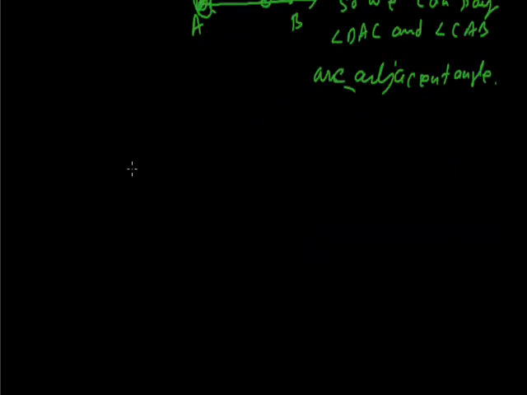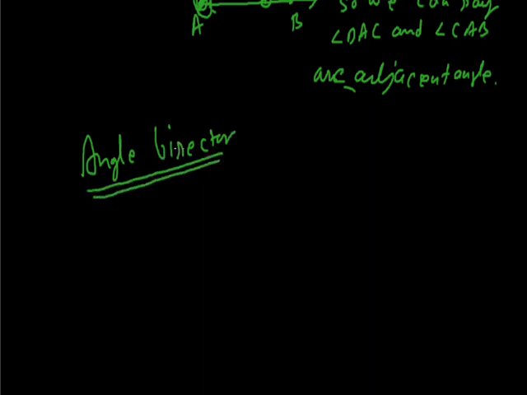Now we discuss some terms related to angles, that is angle bisector. What do you mean by angle bisector? Angle bisector means a ray which can bisect the given angle into two equal parts, two equal measures.